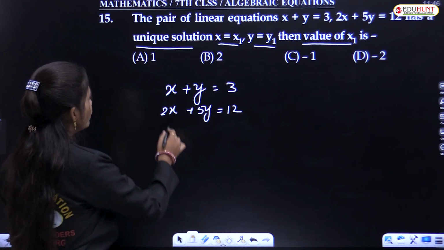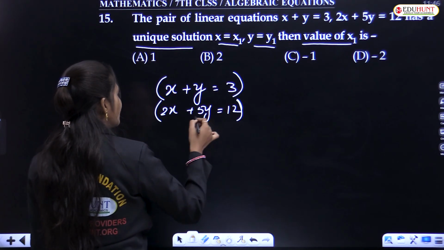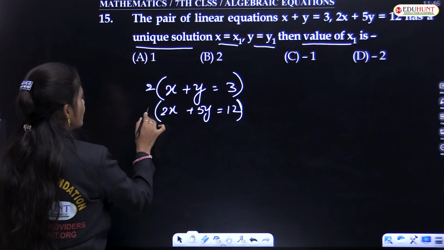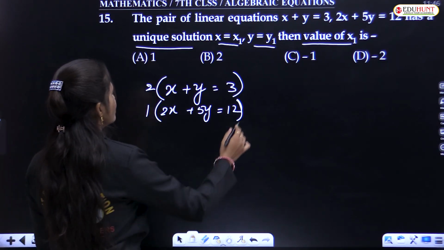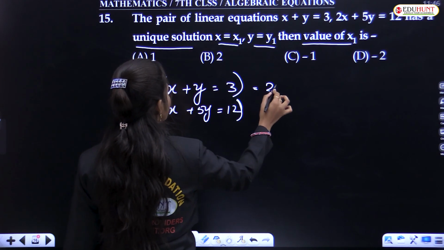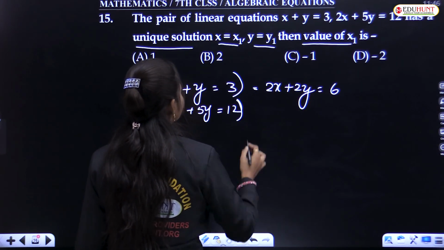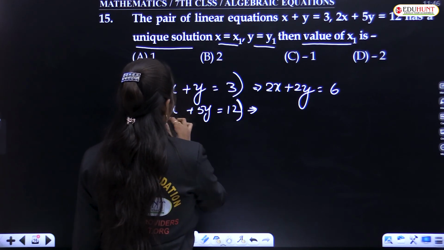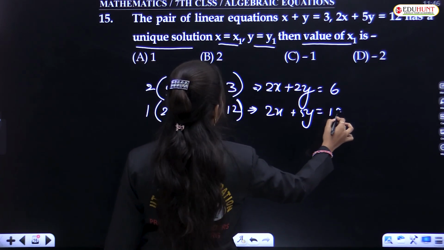The condition has a unique solution, so we can apply any method. I am going to take the elimination method. So multiply this with 2 and this with 1, because of the coefficients of x. So 2 into x plus y is 2x plus 2y is equal to 6. Next one, 2x plus 5y is equal to 12.